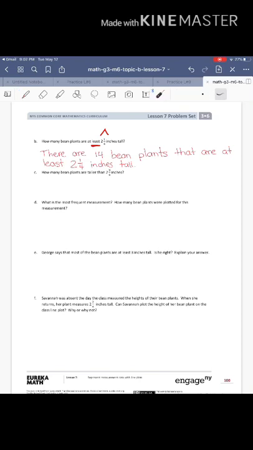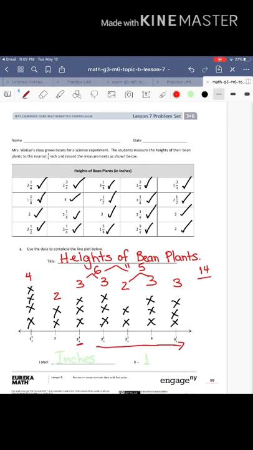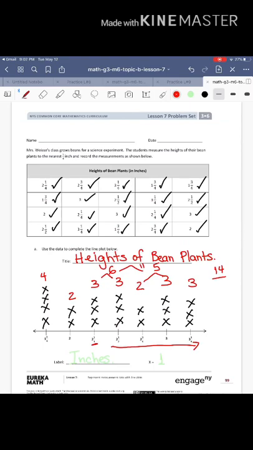Okay, let's go to the next one. How many bean plants are taller than 2 inches and 3/4? Taller than, that means that this one does not count. It has to be taller than this. Let's see what we have. 2 and 3/4. So place yourself. Okay, here is 2 and 3/4.